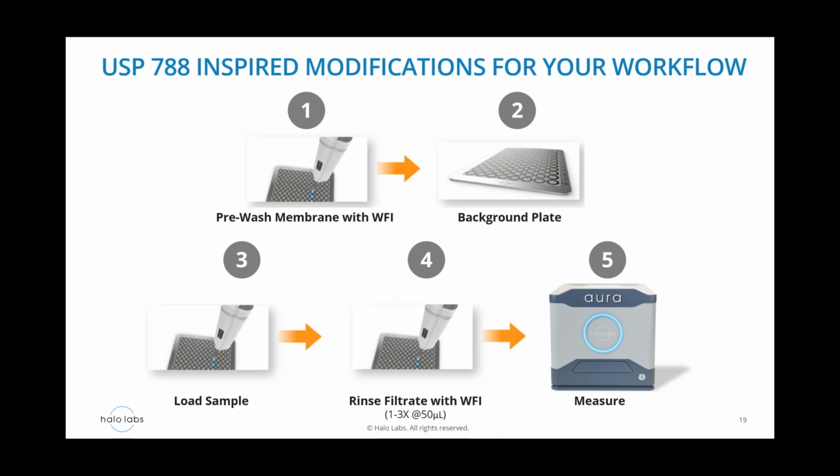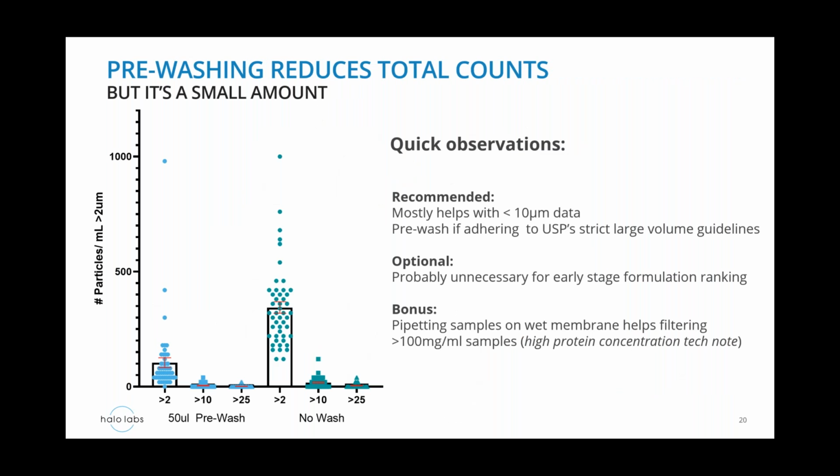But this is something very compatible and very much in line with what USP recommends. So you don't necessarily need to do this, but to make it look as close to what USP788 recommends, a pre-wash and a post-wash are essentially recommended to be included in your protocol.